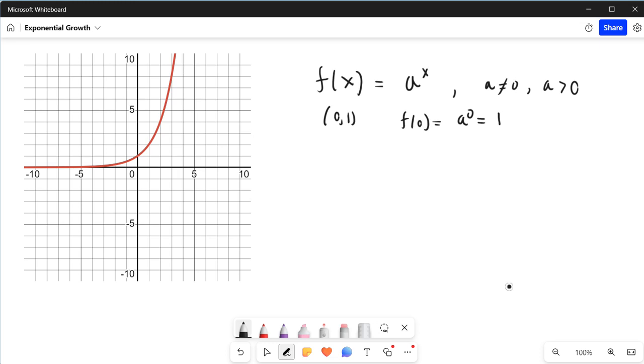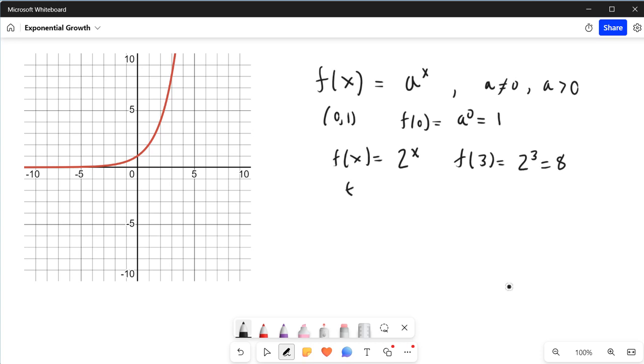Now, in either case, if we were to define this one specifically, so like if we said f of x equals 2 to the power x, well, we can see that if you were to plug in f of 3, that would be 2 to the third, which is actually 8. So we have here that it would pass through the point 3, 8.